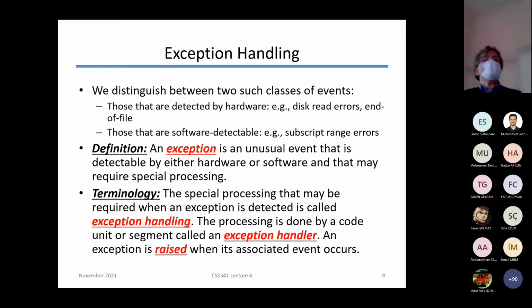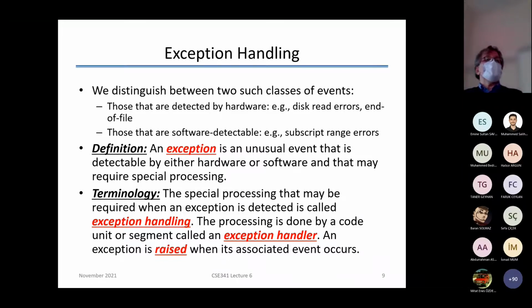One is exception handling. It is the special processing, or a part of your logic, that is required to be executed once you detect your exception, once the unusual event happens.